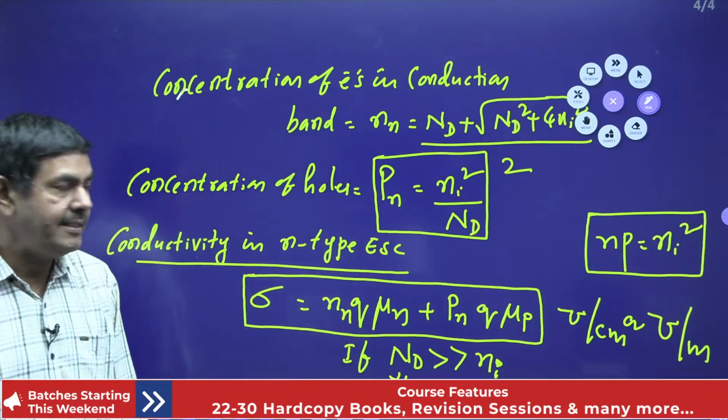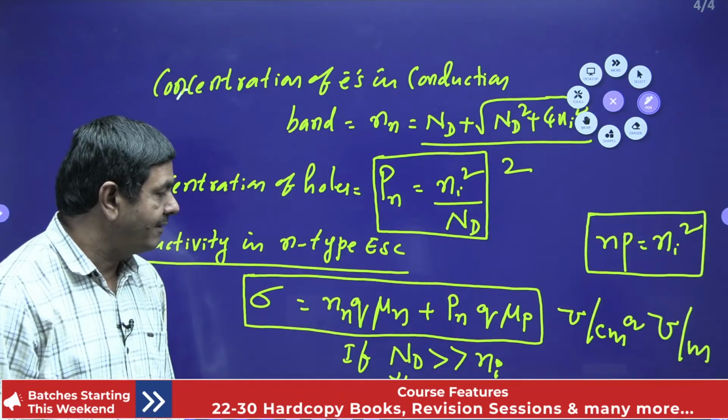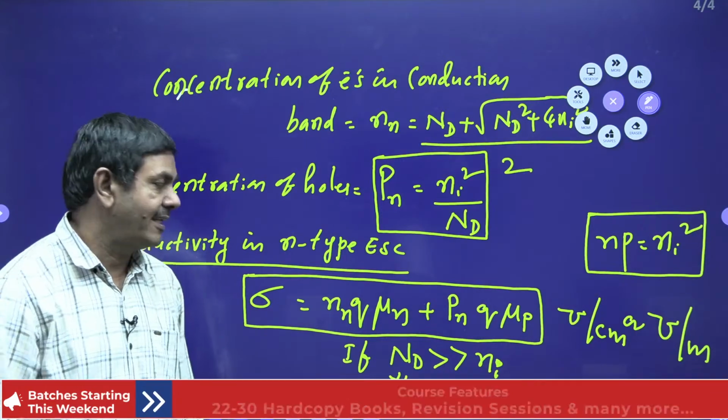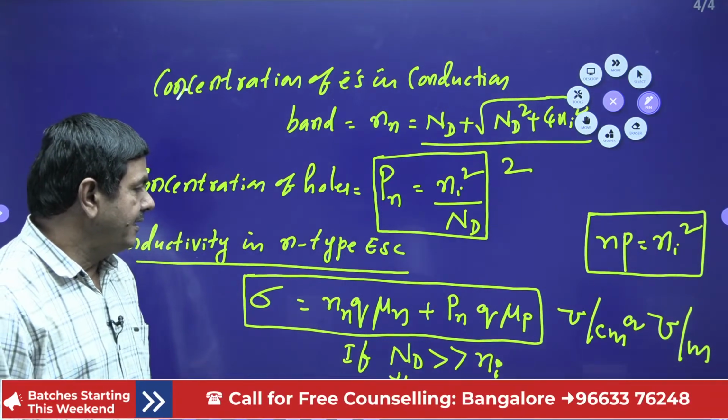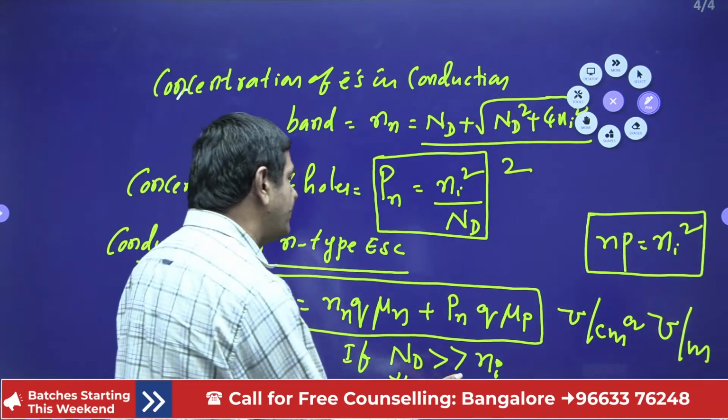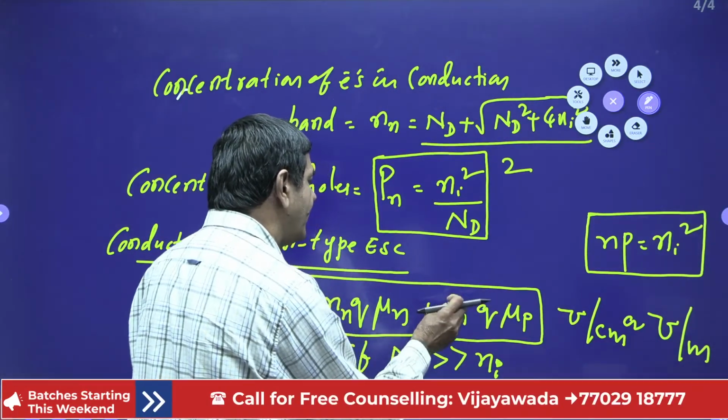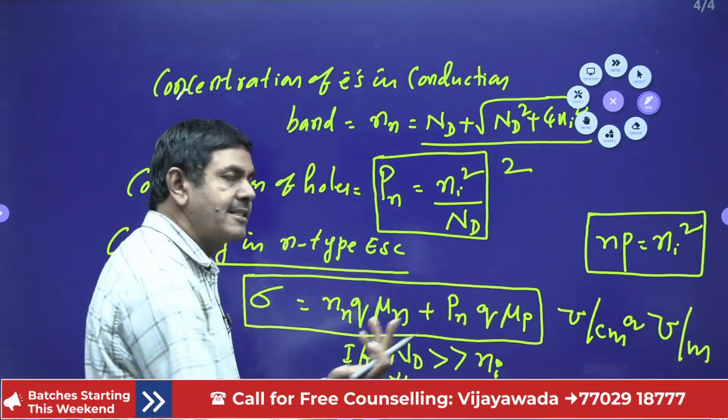Nn and Nd are approximately equal when Nd is far greater than Ni. If Nd is very large, then Pn, the number of holes, is very, very small. Even if you neglect it, it doesn't matter.